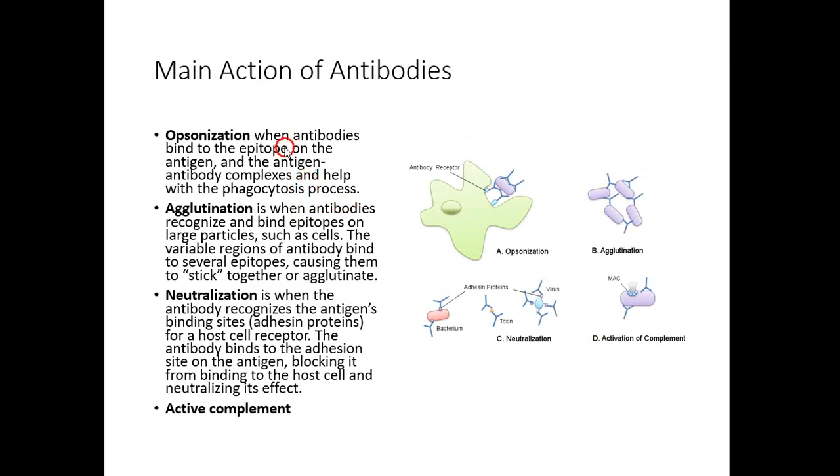The last one on the list is that it's going to activate complement. We've already talked about complement in previous videos, but do recognize that the antibodies can help to activate that system and help us to defend against antigens through complement. The other way antibodies work is through opsonization. In opsonization, the antibody binds to the antigen, and because it has that constant region, it allows a macrophage to come up to it, and when it sees that constant region, it goes, oh, this is an antibody.